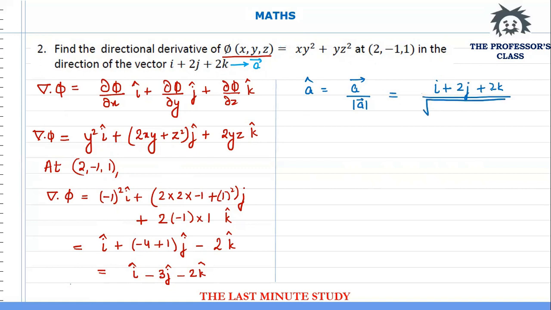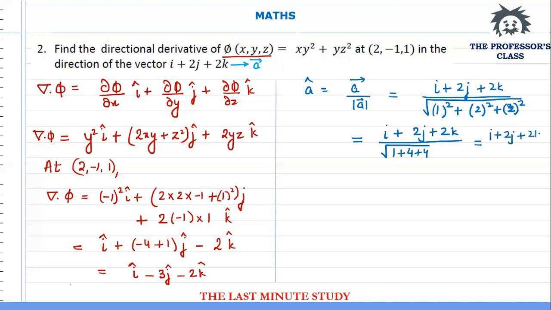So I'll be squaring individual components and adding them: 1 square plus 2 square plus 2 square, all kept together inside the under root. Next I'll be solving this, so I'll get i plus 2j plus 2k over the root of 1 plus 4 plus 4, which is 9, and as we know the under root of 9 is 3, so I'll be left with i plus 2j plus 2k divided by 3.